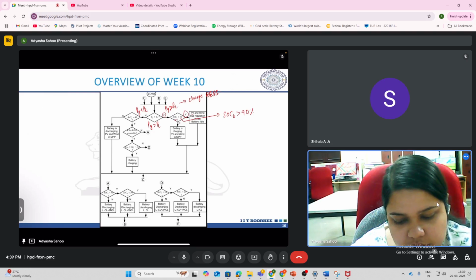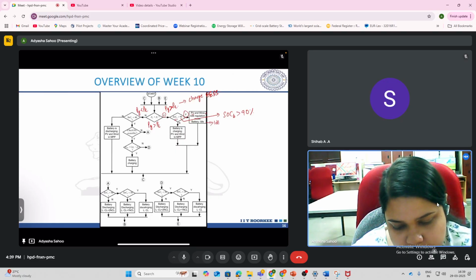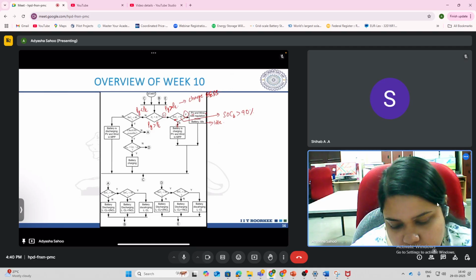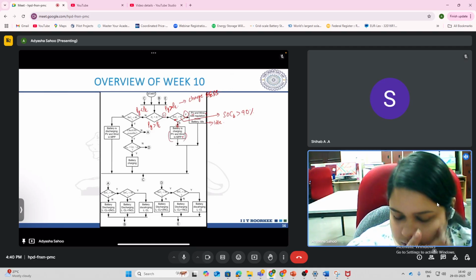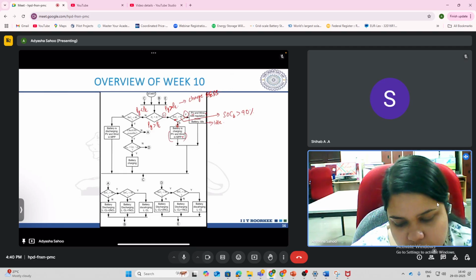The resources PV and wind will be in bus voltage regulation mode, and the battery will neither charge nor discharge. It will be idle. But if the SOC is less than 90, 80 or 70, something like that, then both the resources can be in MPPT mode. PV and wind can generate power in MPPT mode, and the excess renewable energy can be stored in the battery, so the battery can charge.